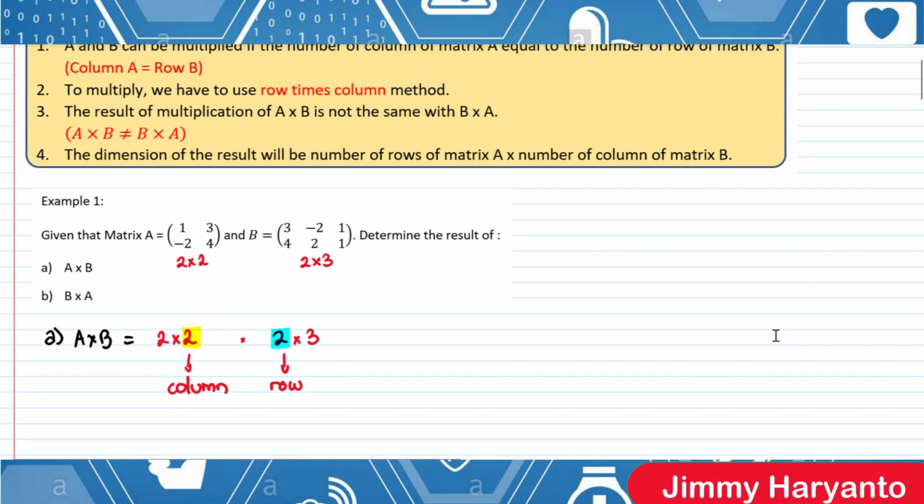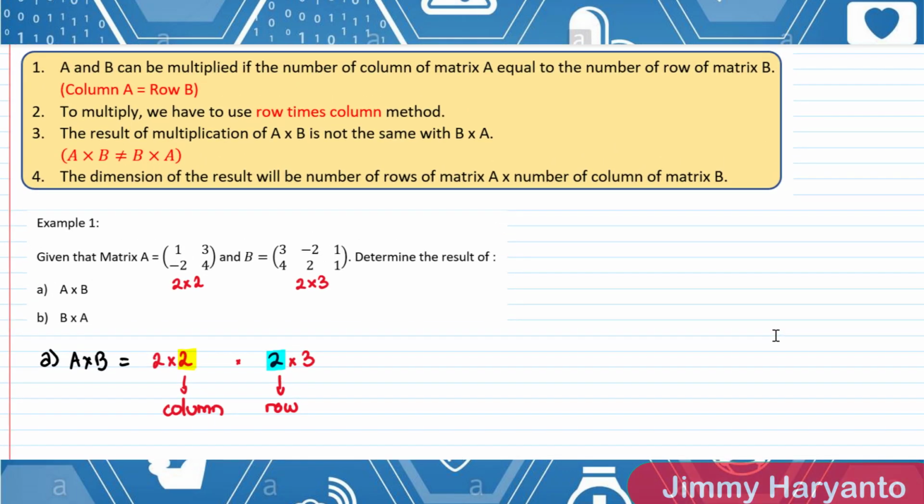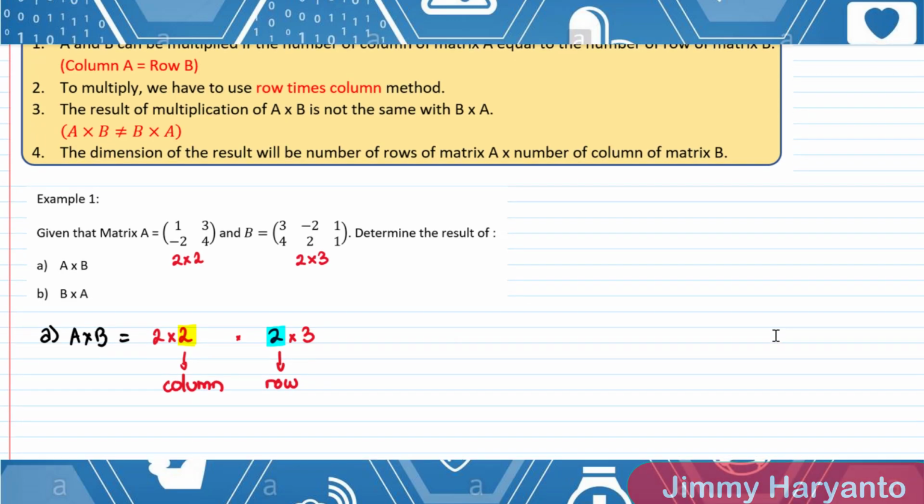And the rule says if the number of columns of the left side matrix, which is A, equals the number of rows of the right side matrix, which is B, the same, then we can do the multiplication.